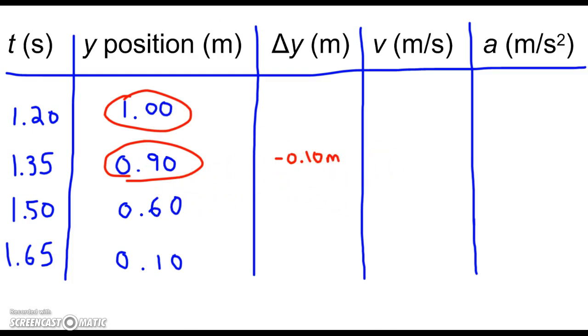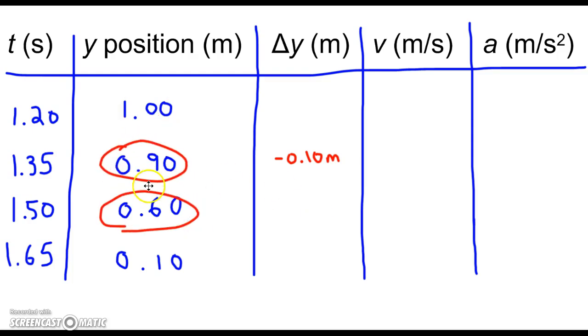Then we continue. And the way I'm going to do it is I'm going to continue and consider successive intervals or successive displacements. So between these two moments, what is the displacement? From here to here, we go from a final of 0.6. Y final is 0.6, and the initial was 0.9.